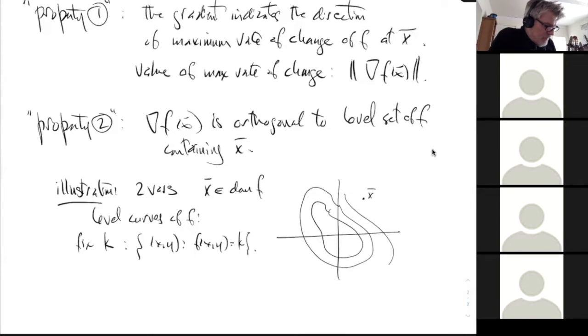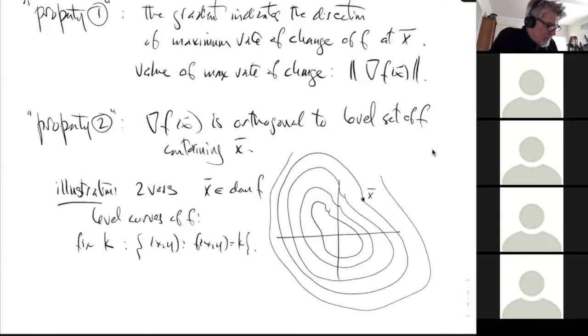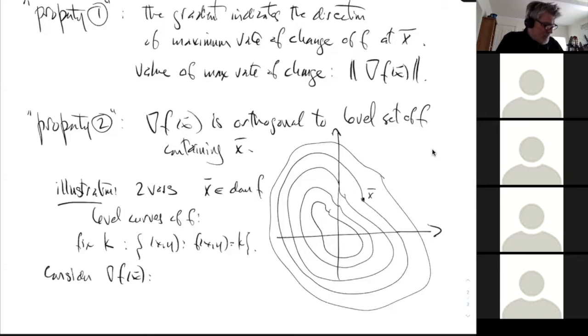And I'll do the one through x, like that. Again, what you're looking at here is the domain of f, and if you look at the value of the function on these curves, the function is constant. Now you look at the gradient of f at this point. It turns out that it'll be orthogonal to the level curve.